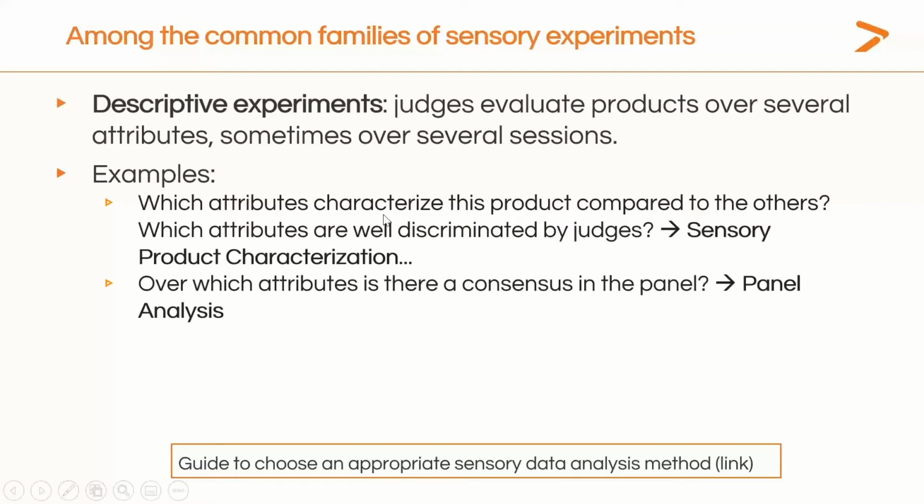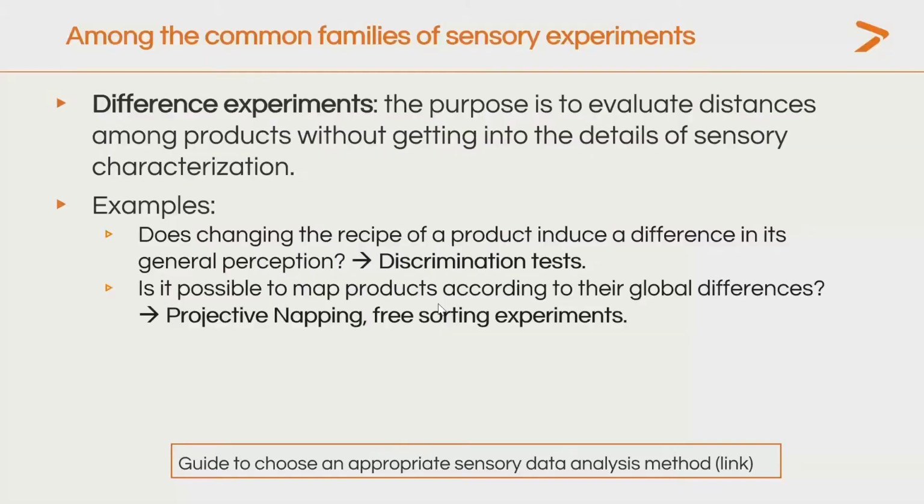Then we can ask other questions also, over which attribute is there a consensus in the panel. In this case, you can use panel analysis, which also uses data from descriptive experiments. Okay, so during this webinar, we'll be seeing many types of difference experiments. We'll be seeing a few discrimination tests, and we'll be seeing projective mapping, so to map or to measure the differences between products on a global scale.